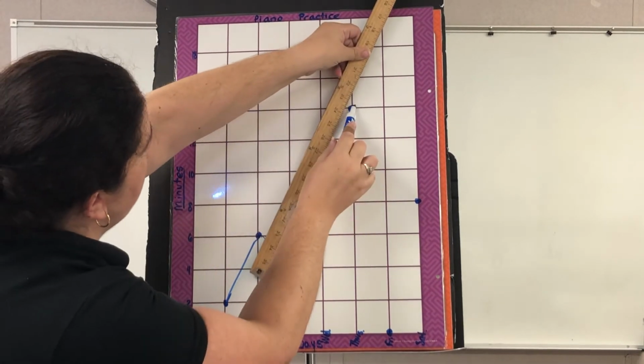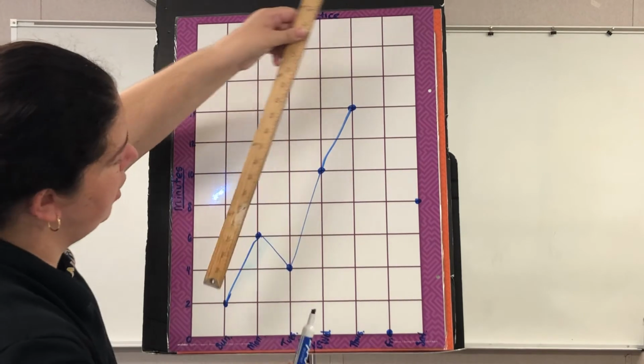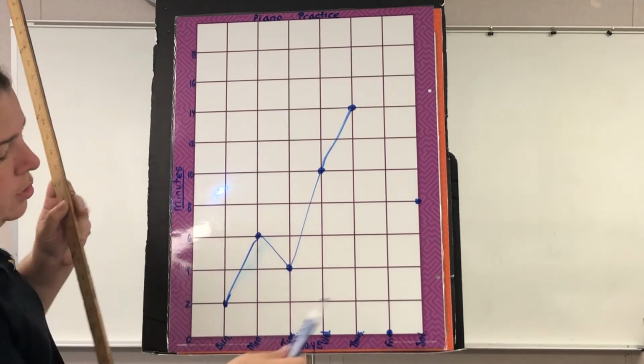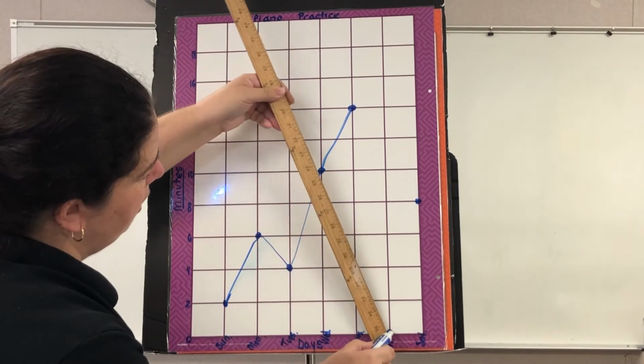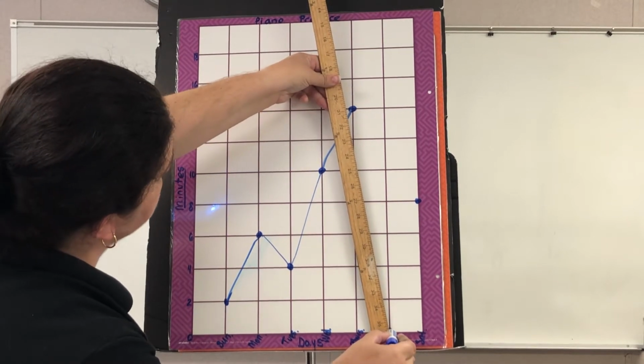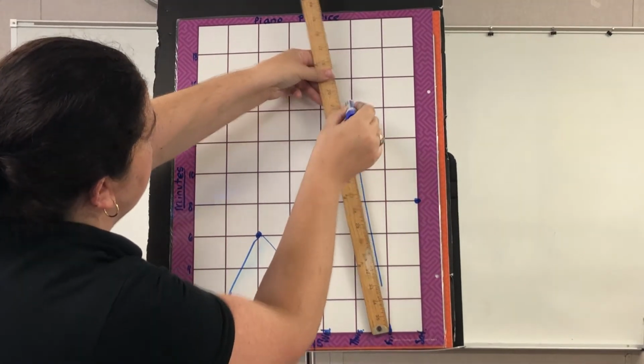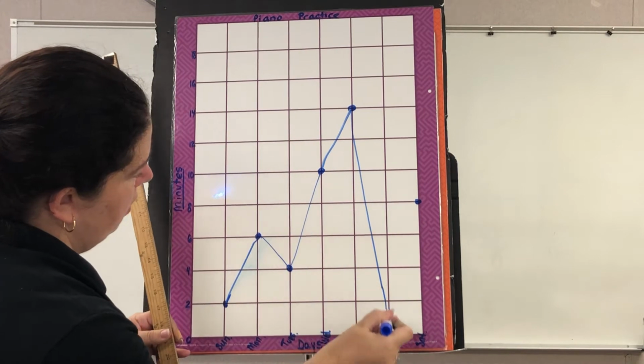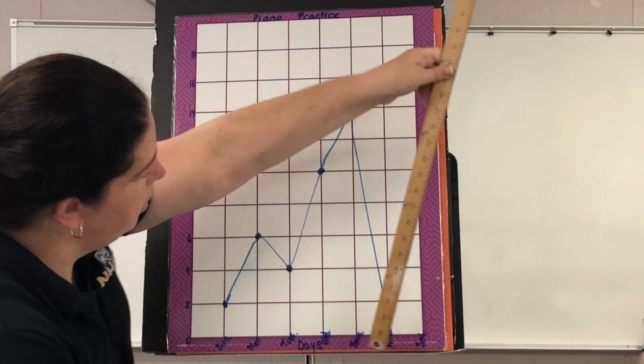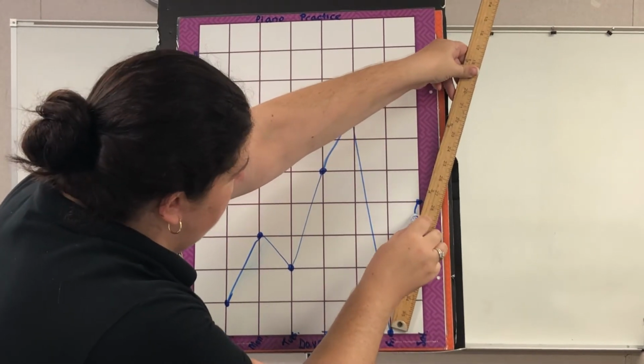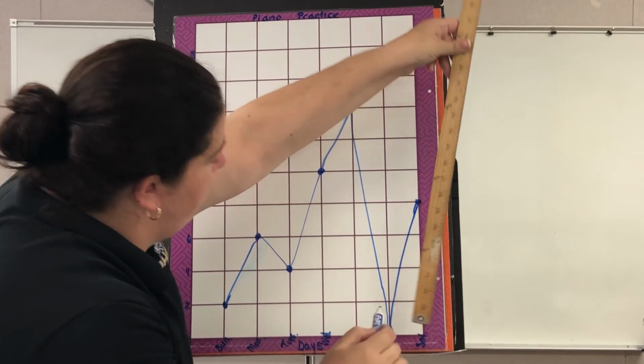On Thursday, we're increasing some more, and on Friday, they did not do a lot of practice at all, did they? Okay? And then on Saturday, over here, you're going to use your ruler that way.